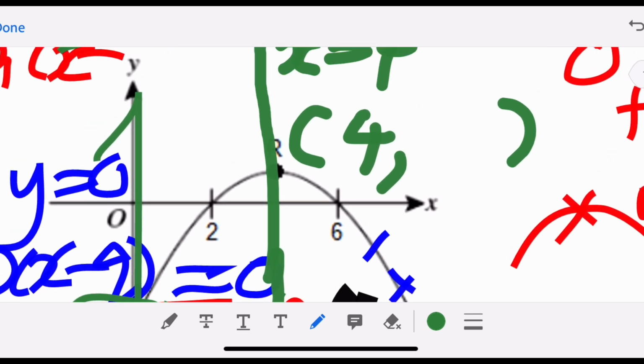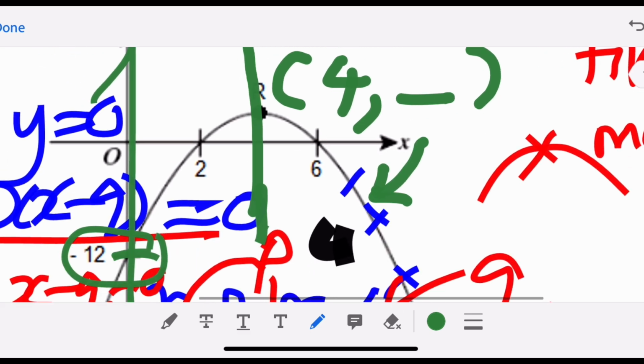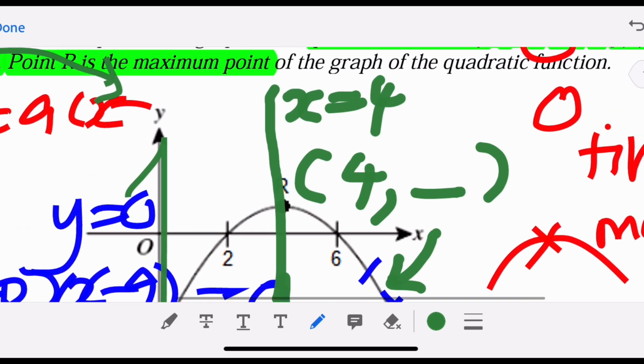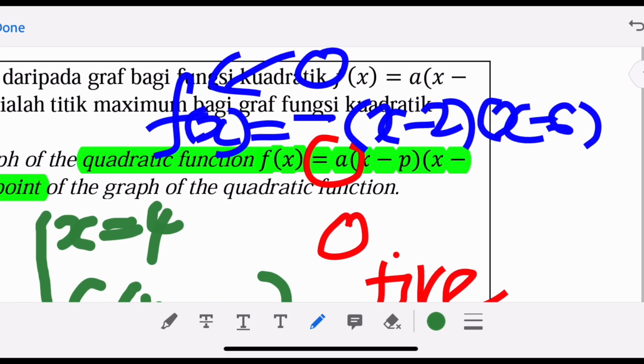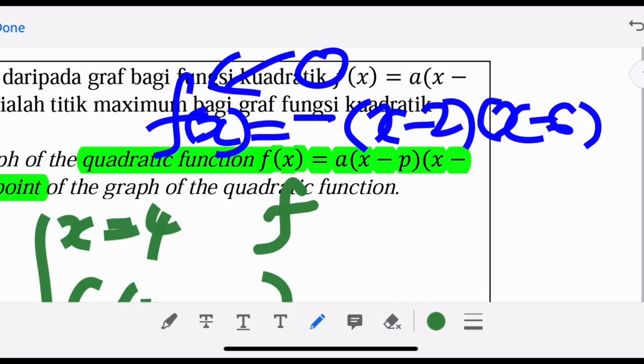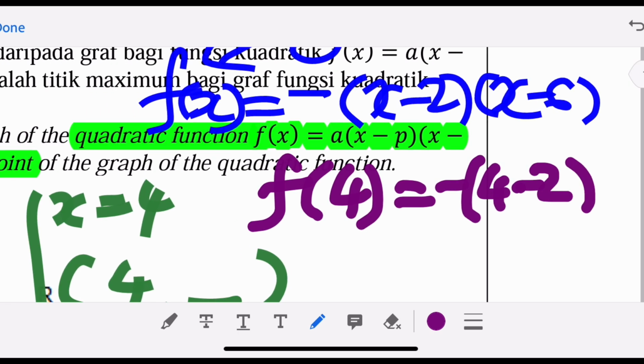And how to find this one? Of course, you will use the quadratic function. So you can find the image, we can say. Our quadratic function here, object is what? 4, right? So you substitute 4. Okay, f(4) is equal to -(4 minus 2) times (4 minus 6).